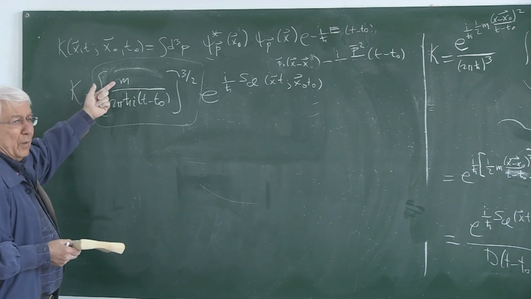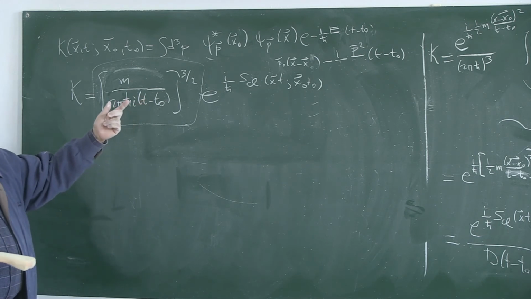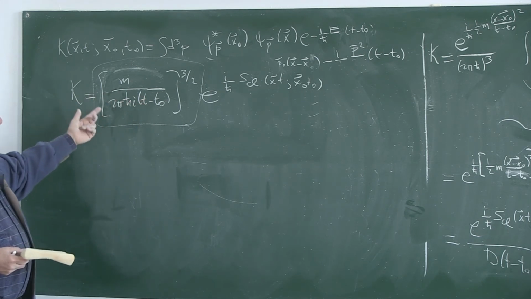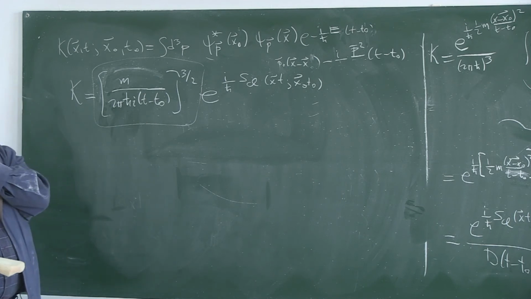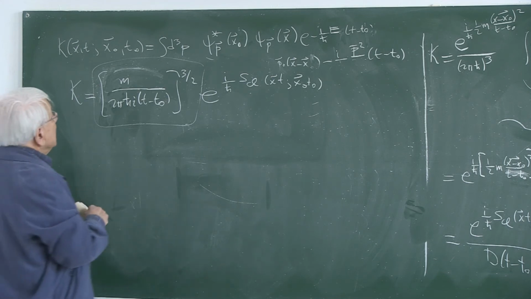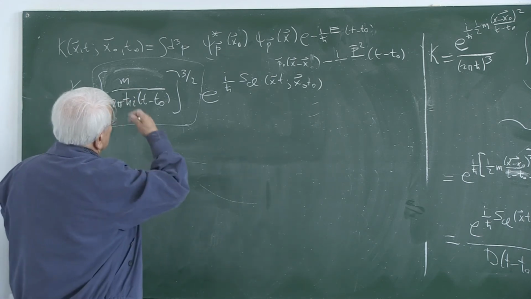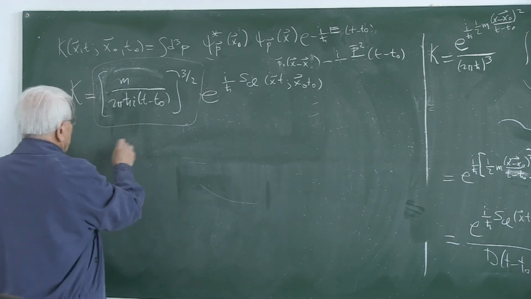It's proportional to the mass, and it behaves as m to the 3/2 with the mass. The more massive the m, the larger the K. When t approaches t0, this, of course, should have a certain behavior. So what is the behavior of the K when t approaches t0?